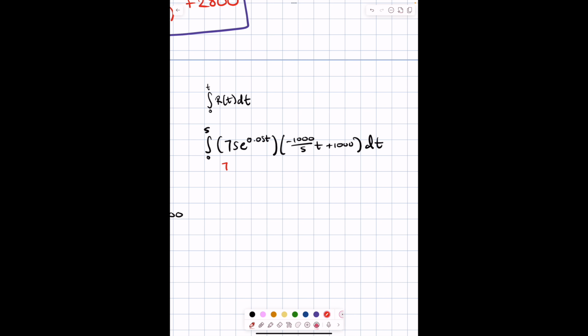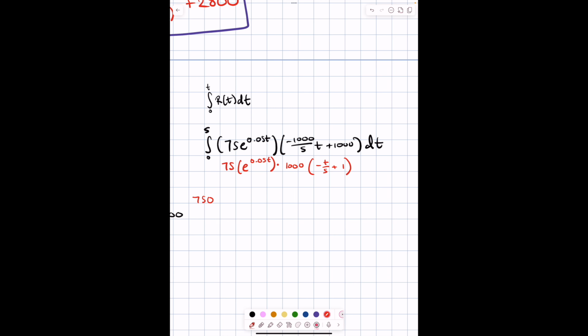So I can rewrite this as 75 e to the 0.05t. And then I can actually rewrite this second part as times 1,000 negative t over 5 plus, and this is exactly what the professor had.